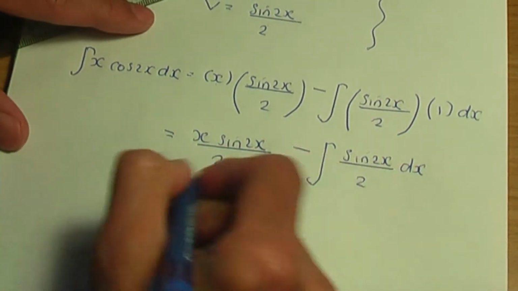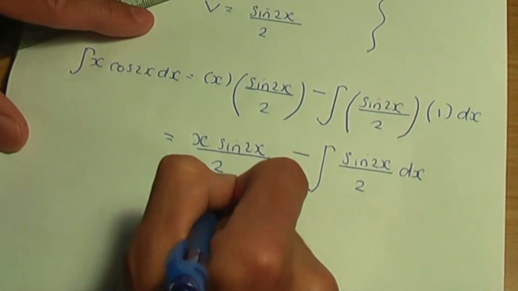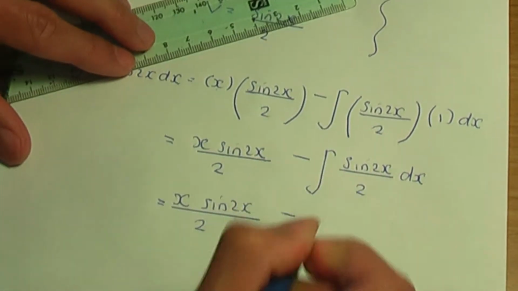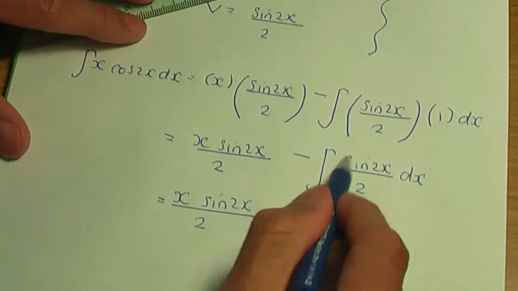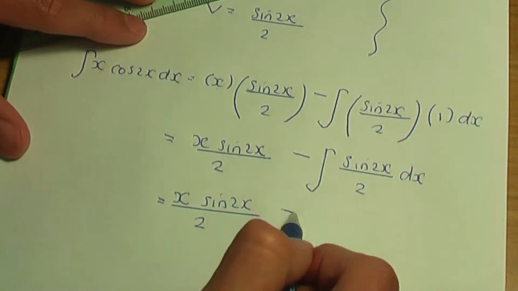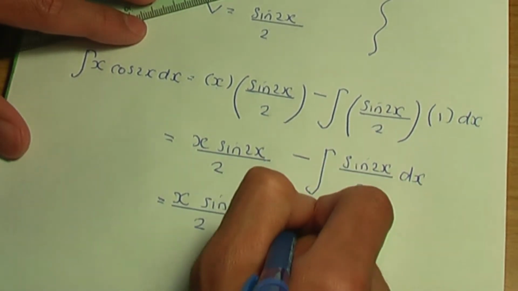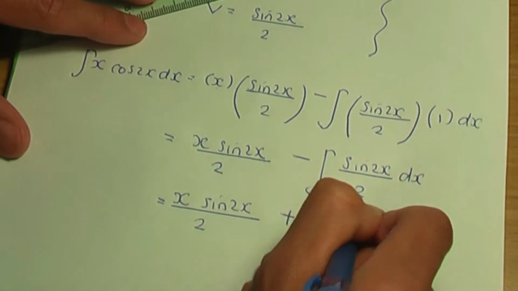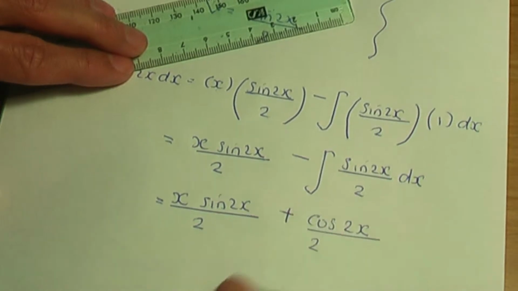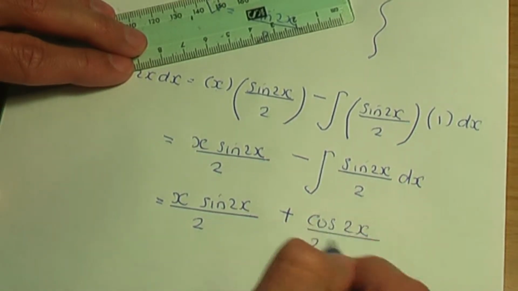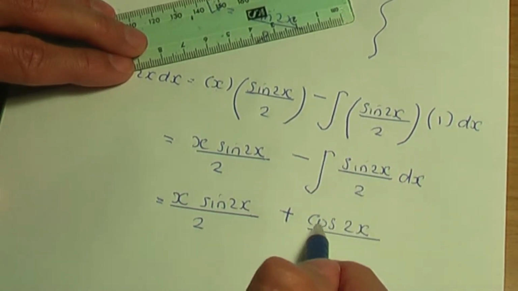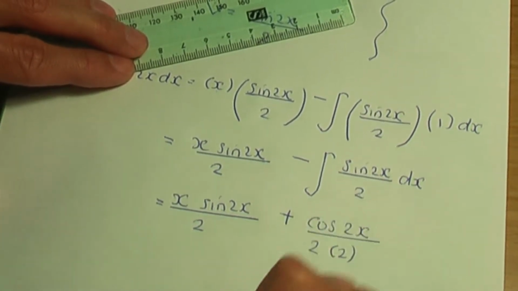So let's continue one more step. So we'll have x sine 2x all over 2 minus, now when we integrate sine, it's minus cos, so bear that in mind. The two minuses, so minus with this minus is a plus, so we're going to have a plus cos 2x divided by, now I'm going to keep this 2 here, but when you integrate sine 2x, the integration of sine 2x will be cos 2x divided by 2.